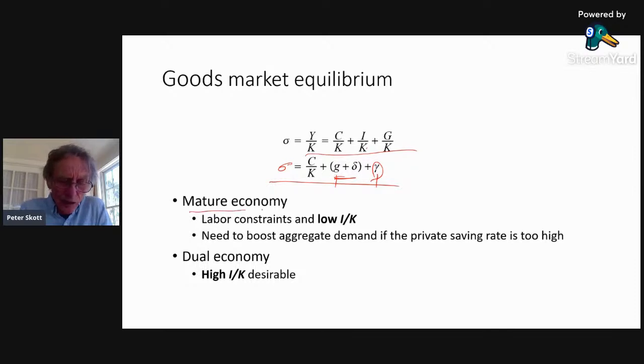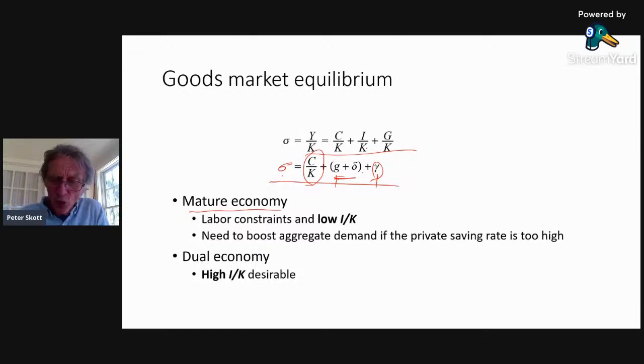And if you are in a mature economy, and by a mature economy, I mean one whose growth rate is constrained by the growth of the labor force in efficiency units, that determines G. So gamma, G, delta, sigma, all determined. That means C over K will somehow have to adjust if we want to maintain full employment growth.